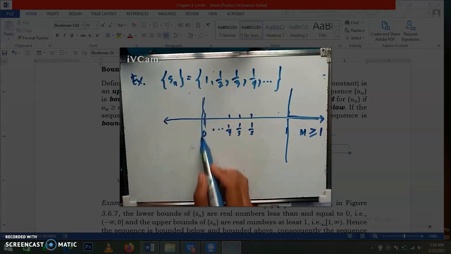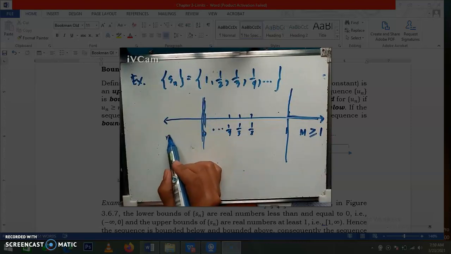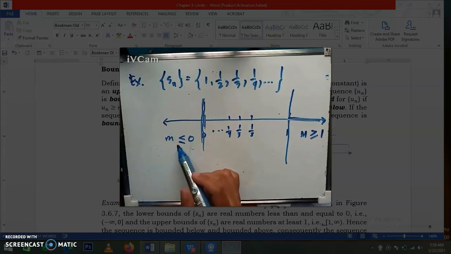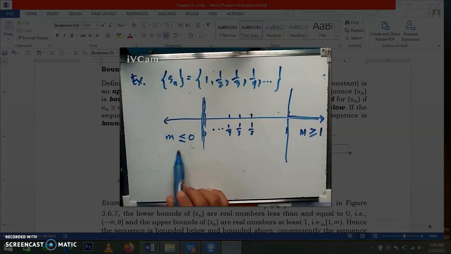So we have here our small m, which is of course less than or equal to 0. So these are our lower bounds of the sequence. So the sequence is bounded above and bounded below. Therefore, our sequence is bounded.